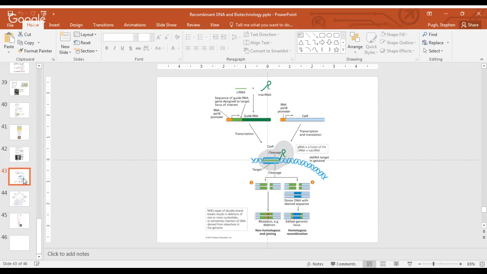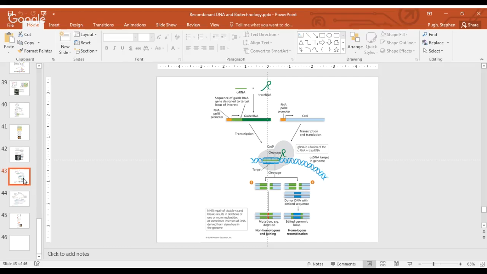This technique is much more precise and much more accurate in inserting DNA into a particular location in an organism. And this is a technology that is just getting started. It's been around for less than 10 years, so the potential for this technology is really unknown.